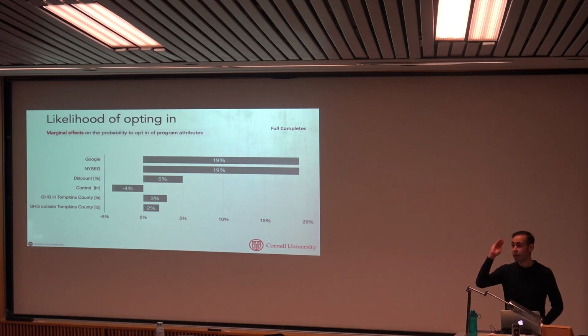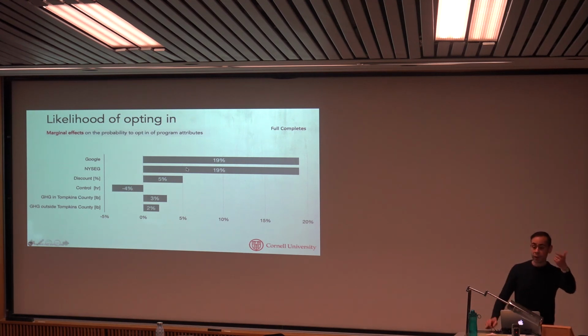Given a baseline probability of joining the program, how much higher or how much lower your probability becomes given a marginal change in each of these characteristics. So, for example, if we increase the discount by an additional 1%, then people are 5% more likely to join a program like this.